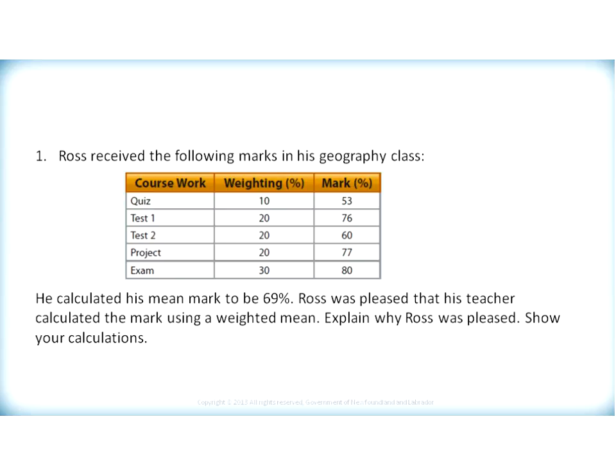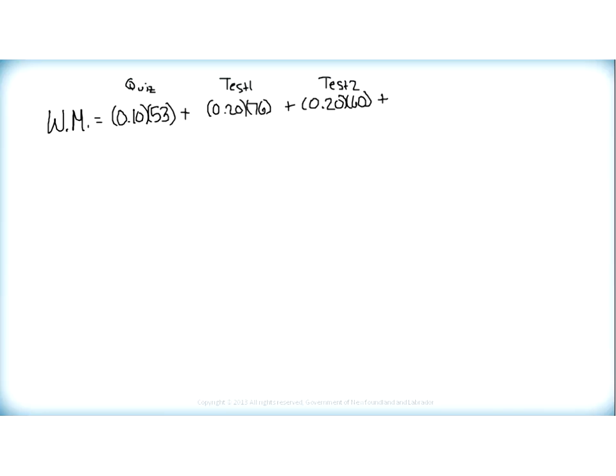The project had a weight of 20%, and he had a mark of 77 on this one. So we get 0.20 again times 77.